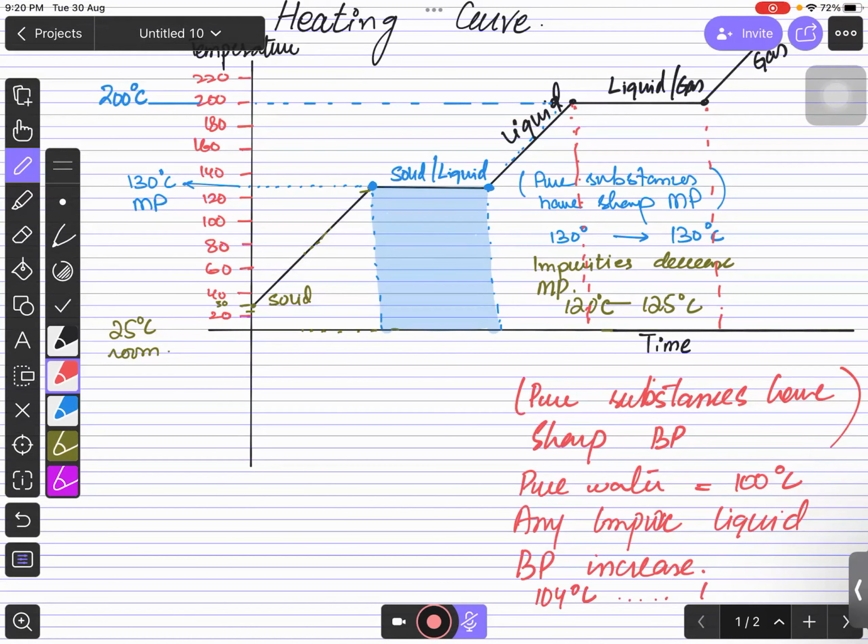It is still not completely boiled, it is still boiling, and the temperature rises to 109 degrees centigrade. That means this liquid, for example water, is actually impure, because it is boiling over a range of temperature, and during the boiling the temperature is increasing. When the temperature is increasing during the boiling or during the melting, that means that substance is not pure, right, bacho? This is a very important point to remember.